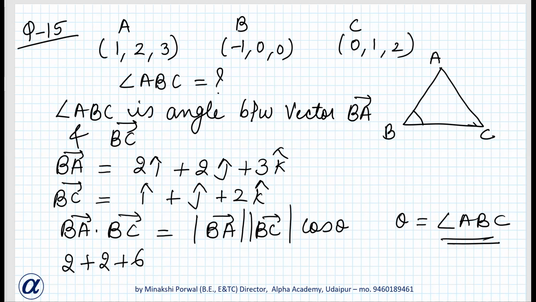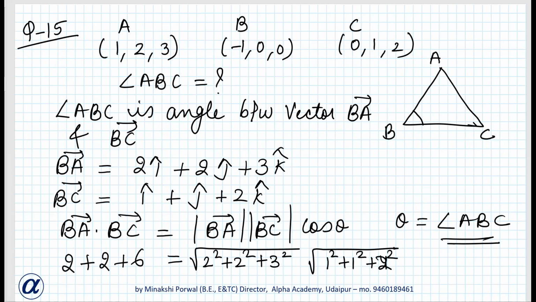This is equal to the square root of 2 squared plus 2 squared plus 3 squared, times the square root of 1 squared plus 1 squared plus 2 squared, into cos theta. So 2 plus 2 plus 6, that is 10, equals the square root of 4 plus 4 plus 9, root 17, and the square root of 4 plus 2, 6, into cos theta.